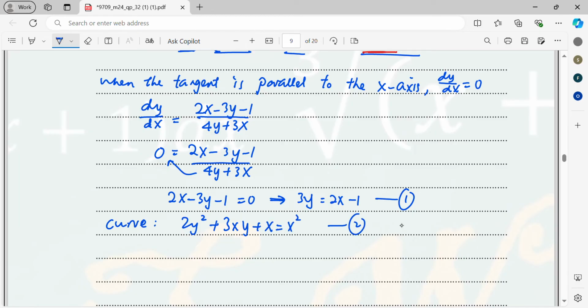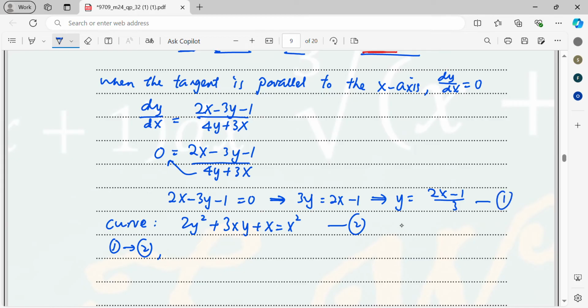Now I substitute the first into the second, since you need to solve the simultaneous equations. First of all, in my 2y squared, I need y, but for the first equation, I got 3y. So I can further change it to get y as the subject. My y is basically (2x minus 1) over 3.